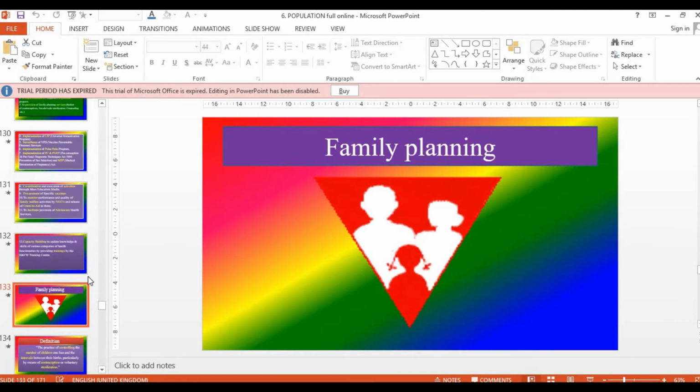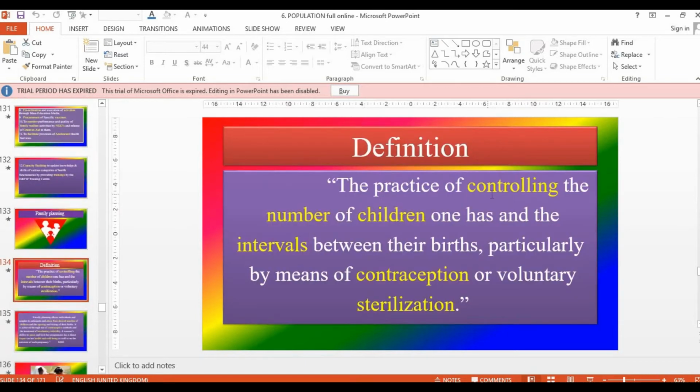Then family planning. As we have learned, family planning is part of family welfare. Definition: control the number of children and the interval between births, particularly by means of contraception and voluntary sterilization.